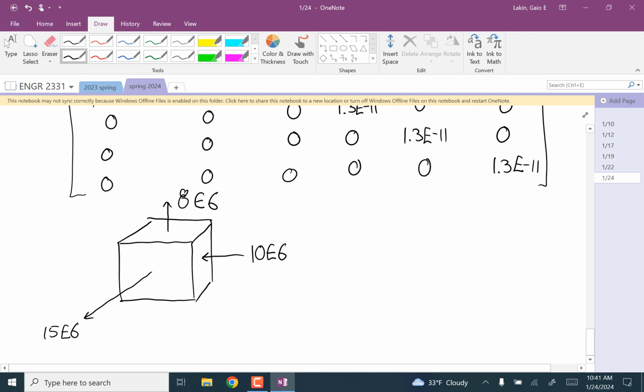And then let's put in some shears. Let's do 1 times 10 to the 6, and this one, let's do 5 times 10 to the 6, and this one, 6 times 10 to the 6.